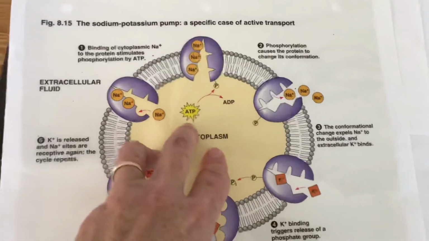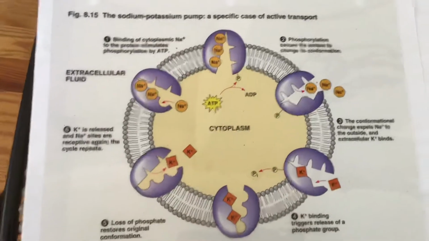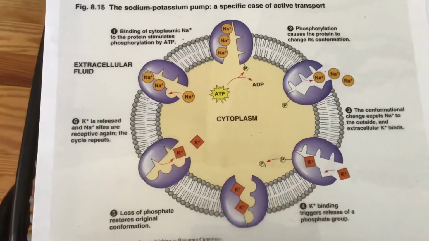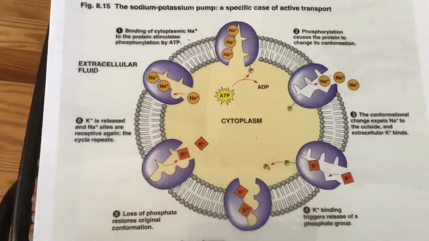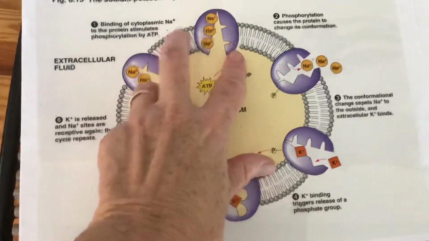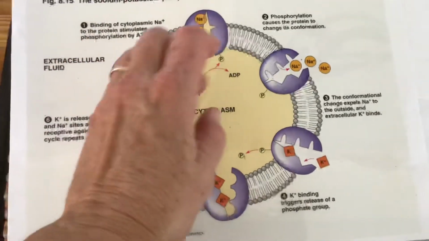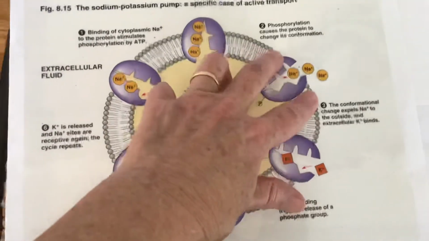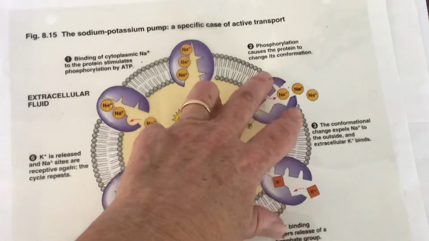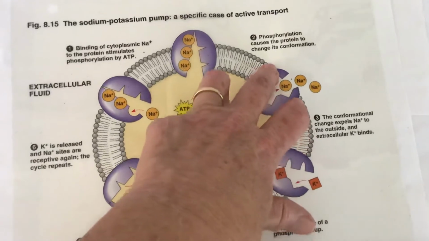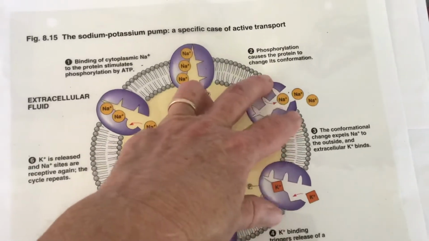It might sneak in. All right, so the cell doesn't like sodium. Sodium ends up being harmful to the cell, so it wants to pump it out. What it will do is load the sodium in the protein, and then it uses ATP to open it up and dump it out. This is against a gradient, assuming there's more sodium on the outside than there is on the inside, but the cell still wants to get rid of that sodium.